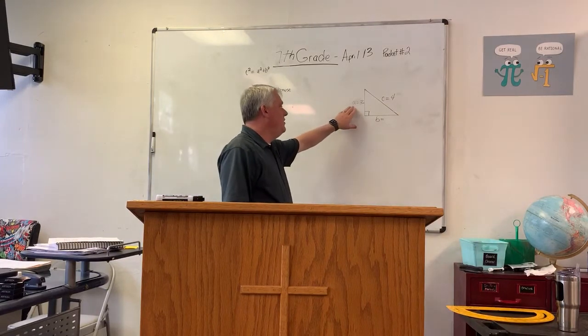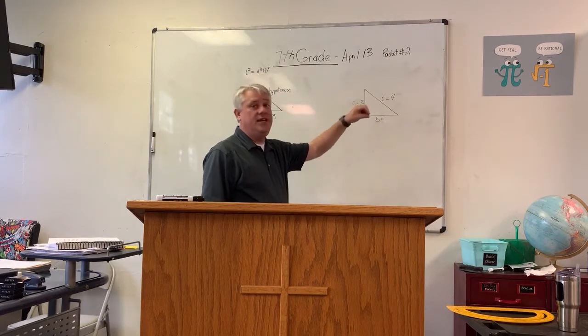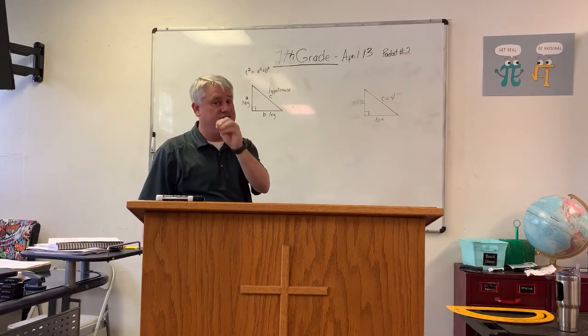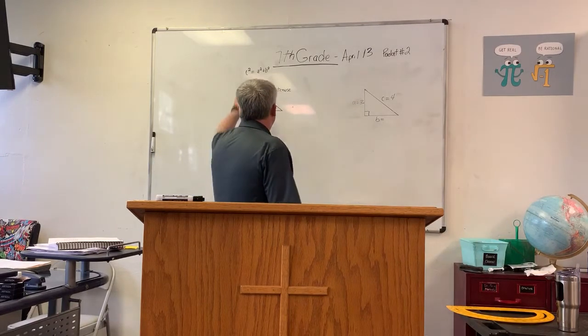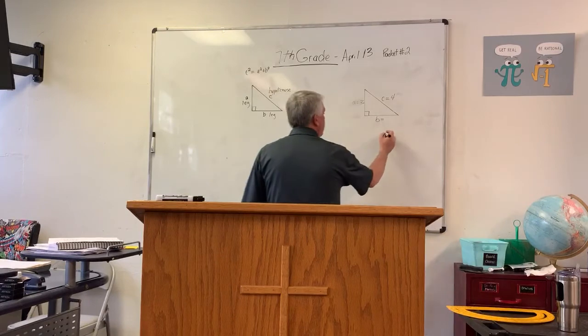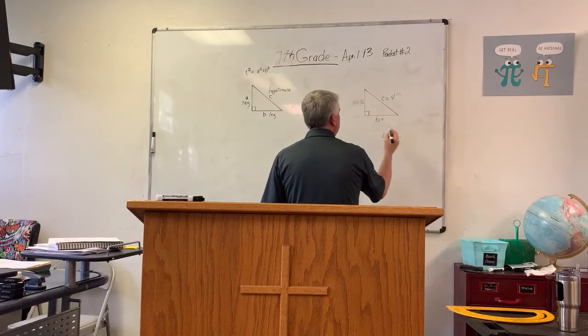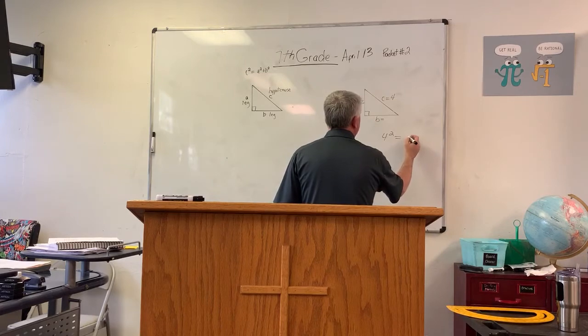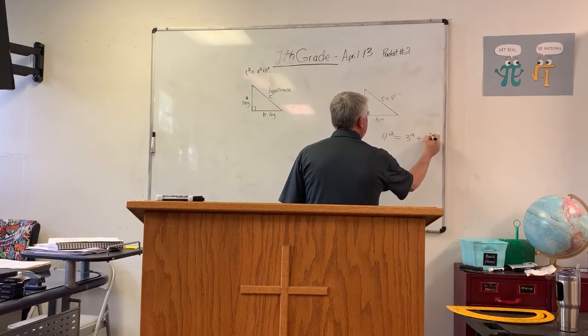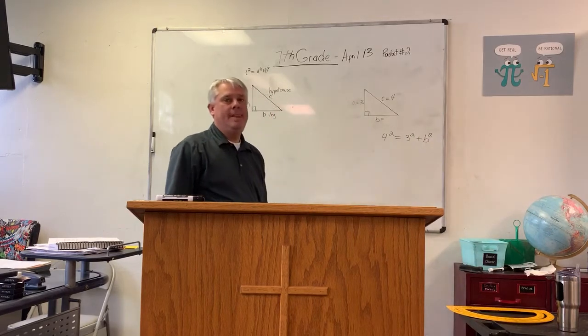It's very important, knowing your legs, knowing your A and B, knowing what is your hypotenuse, what is C, so you plug things in correctly. So I take the same formula: 4 squared equals 3 squared plus B squared.